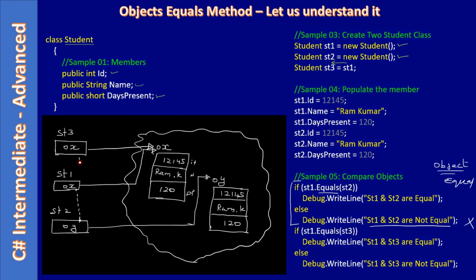The contents are equal here, in the sense of the cell contents: both are holding 0x. So it will return that st1 and st3 are equal.